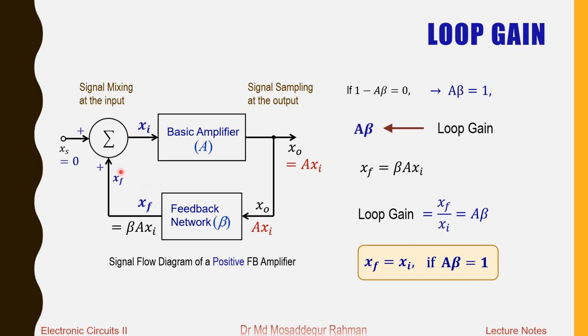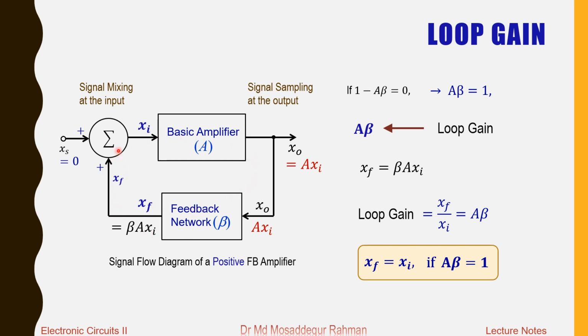So that means once the signal completes one loop, it becomes Xi again and goes into the basic amplifier, where it is amplified and becomes X naught, goes through the feedback network multiplied by beta, and A beta is 1, so it becomes Xi again. So every time it goes through the loop, the signal is regenerated.